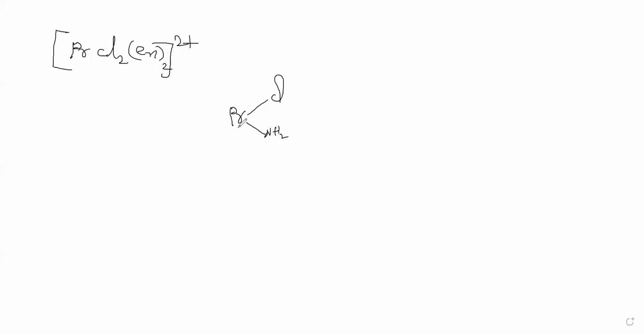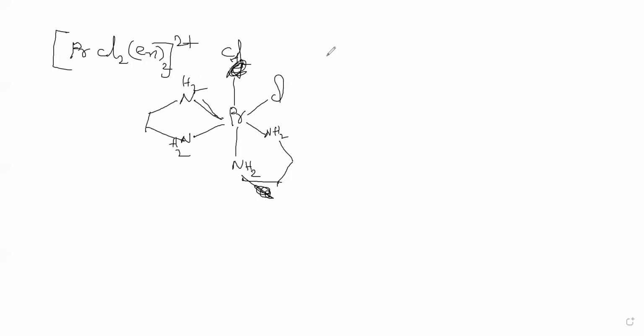One NH2 here, another NH2 here. The other one is like this, NH2. The other position here you have the chlorine, and here NH2. So this is how you have one.